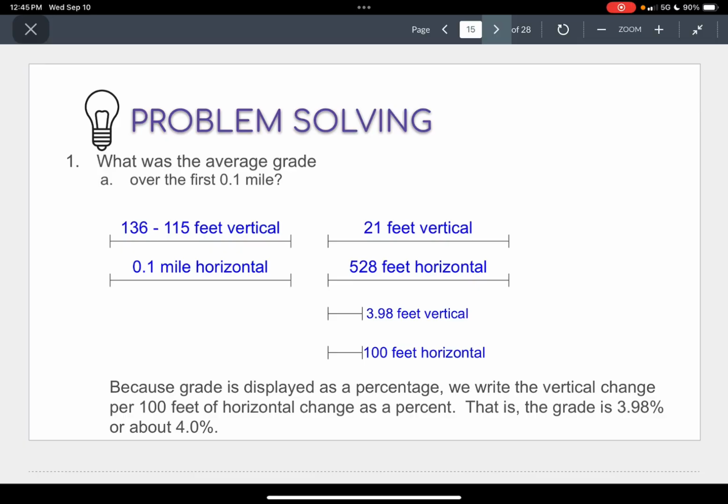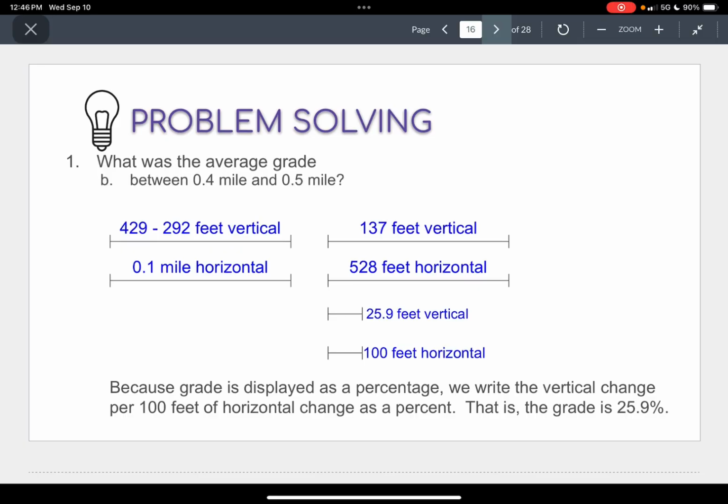When I'm talking about a unit rate, I want to look at this in terms of per 100 feet horizontally. And so if I divide the 21 by the 528 and then multiply by 100, I get 3.98 feet vertically per 100 feet of horizontal change. Because grade is displayed as a percentage, we write the vertical change per 100 feet of horizontal change as a percent. That is, the grade is 3.98%, or about 4%.